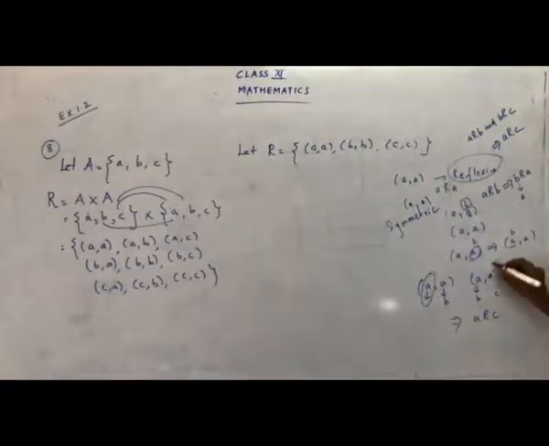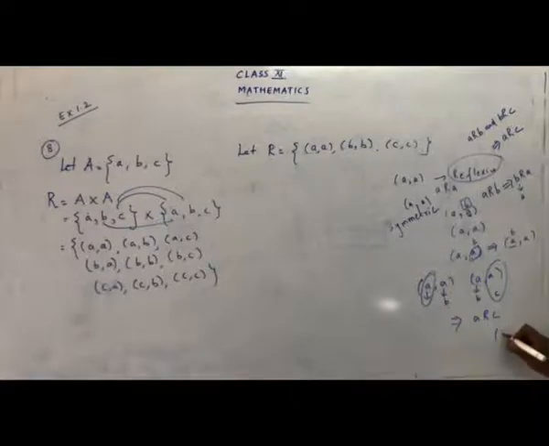A is A, and what is C? A. So you get AA. So if you choose a pair AA and AA and you use the formula for transitive, it is true. You get AA, that is A related to C.